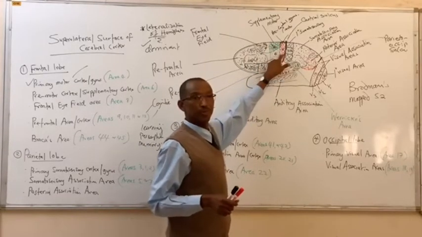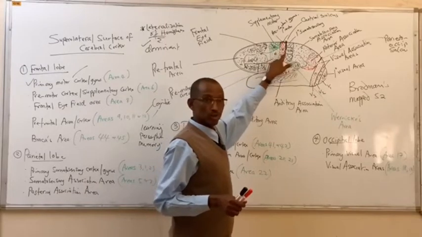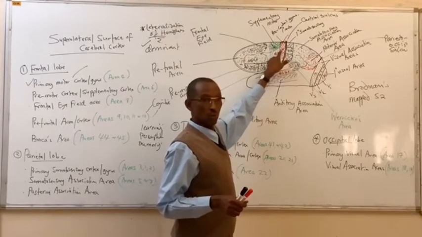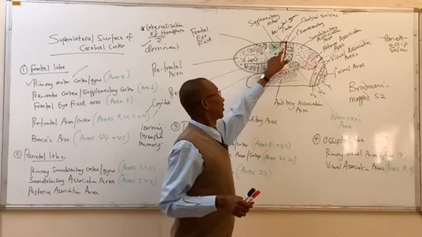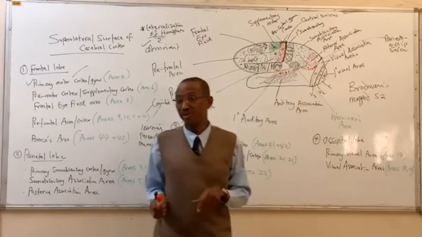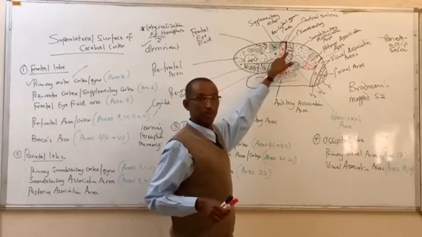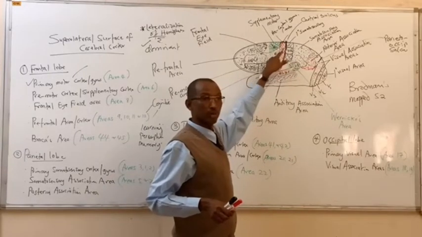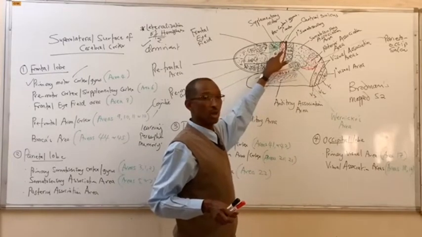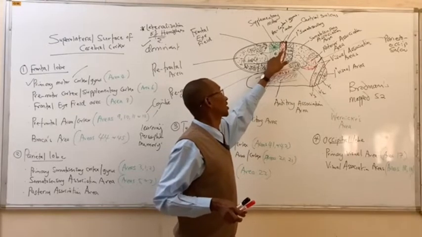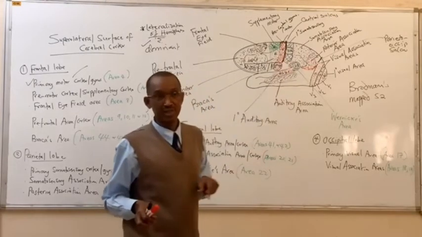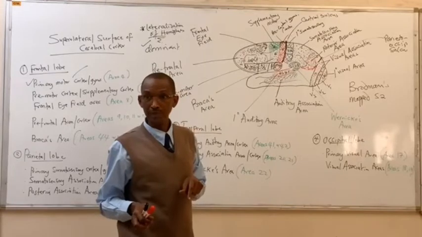On the Precentral Gyrus or on the primary motor cortex, that area is being given area 4. So you have 1, 2, 3 on the posterior aspect, and on the anterior aspect, on the Precentral Gyrus or the primary motor cortex, that area or cortex is area 4. Are you clear?